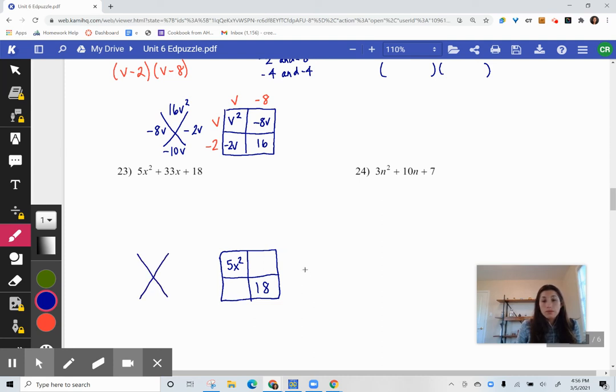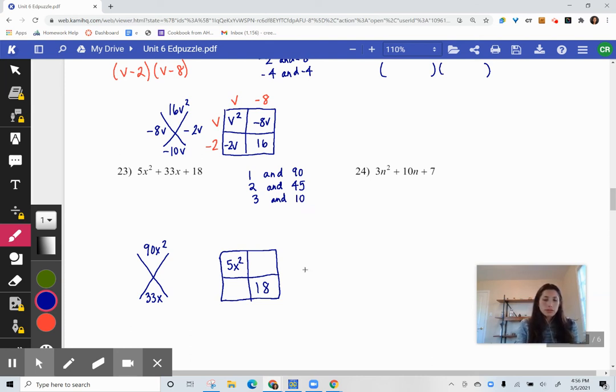Okay, so we're multiplying 5 and 18. 5x squared and 18, so that's 90x squared. Middle term's 33. That goes to the bottom. We're going to go ahead and find factors of 90. So 1 and 90, 2 and 45, 3 and 10. 4 doesn't go in, 5 does go in.